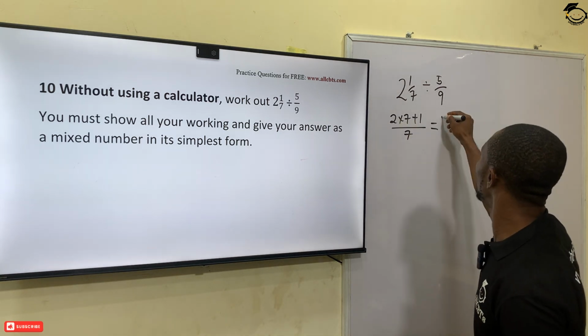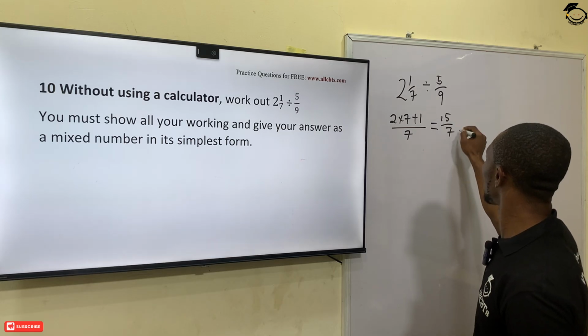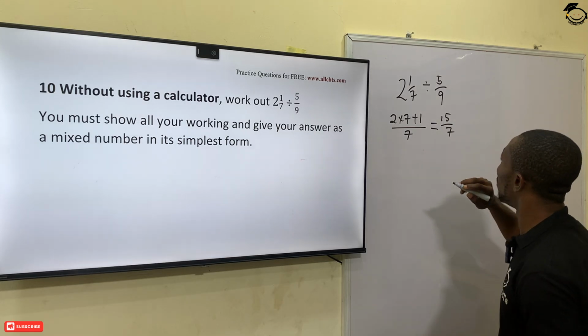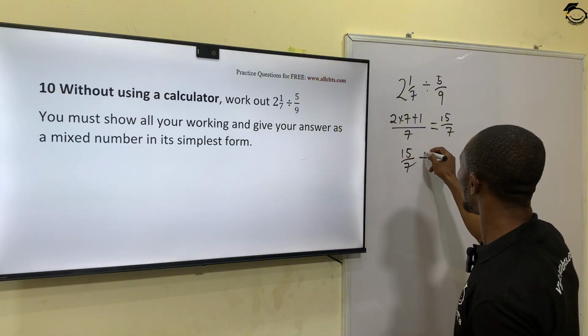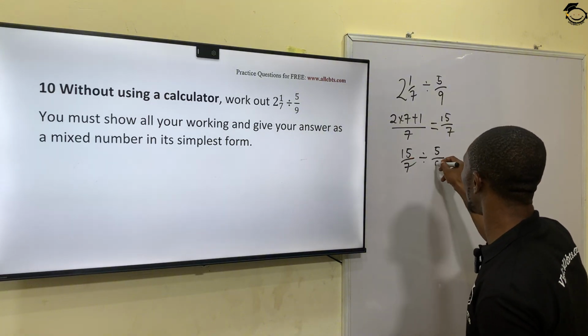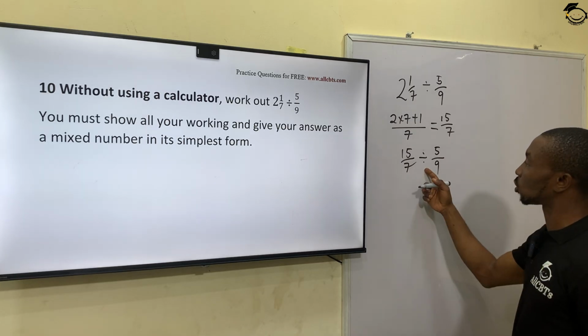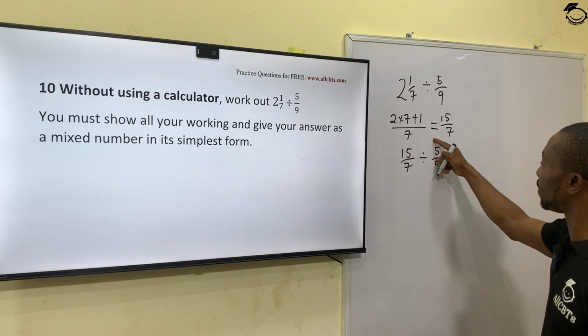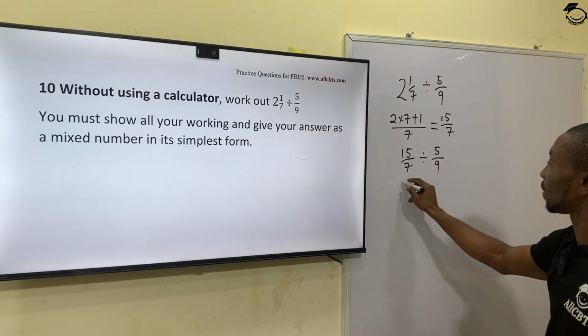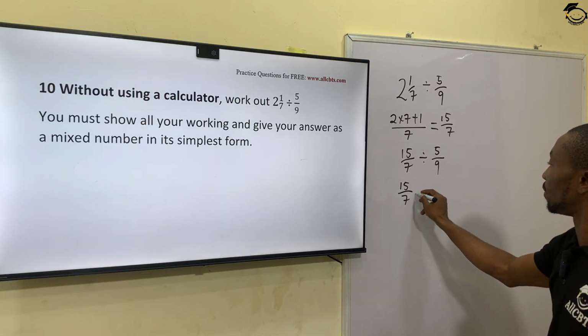This gives us 15/7. Now, this will be 15/7 divided by 5/9. We can turn this division to multiplication by having the inverse of this. So we have it as 15/7 times 9/5.